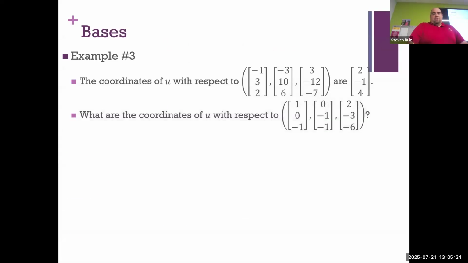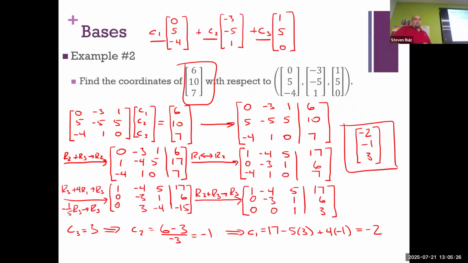So let's get back into bases here. A few days ago, we were talking about this idea of coordinates. Again, bases are not unique. Like these three vectors here, (0, 5, 4), (-3, -5, 1), (1, 5, 0), span a subspace. I don't really know what that subspace looks like, but they span some subspace.